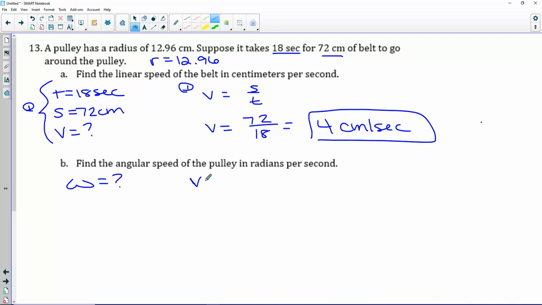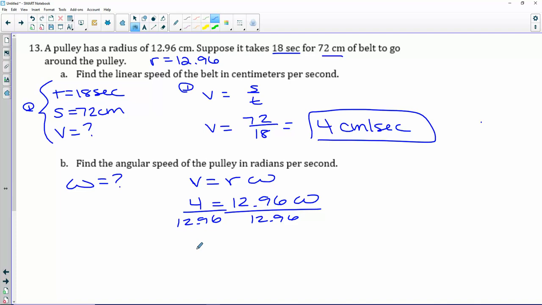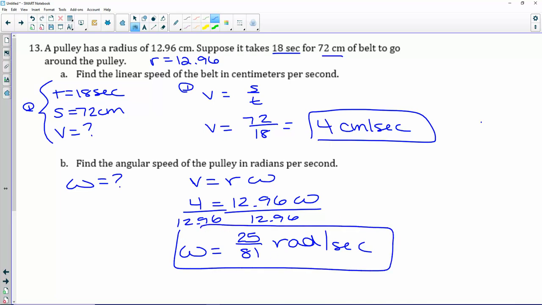So if I just did V equals R omega, so V was 4, R 12.96. So if we divide that. What does that reduce to? And that would be radians, and my time is in seconds. Is that one okay?